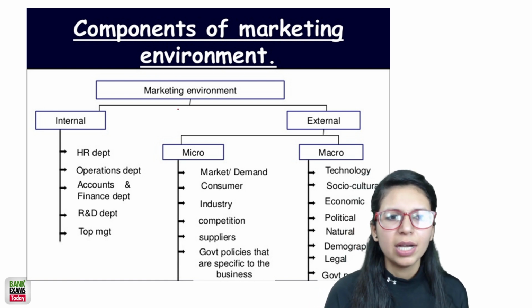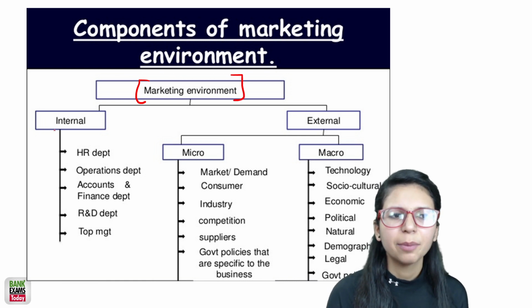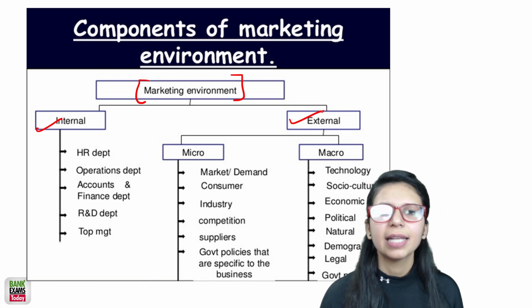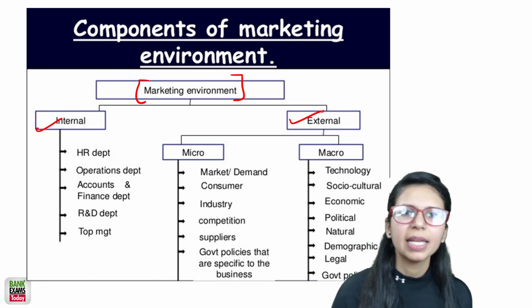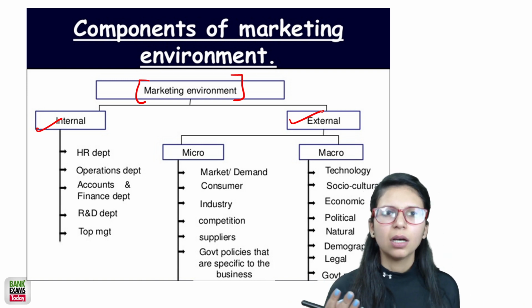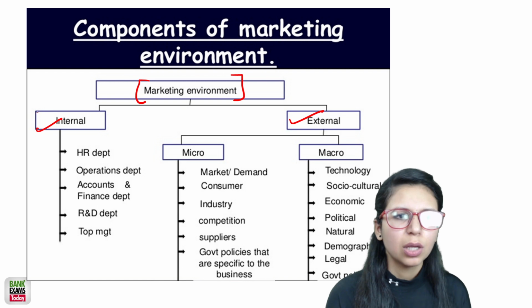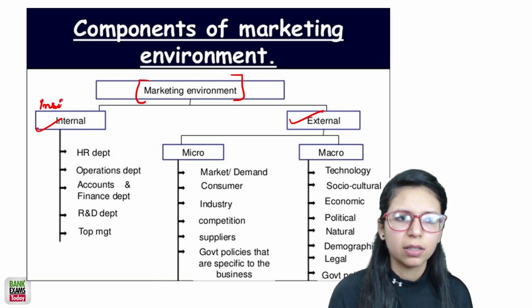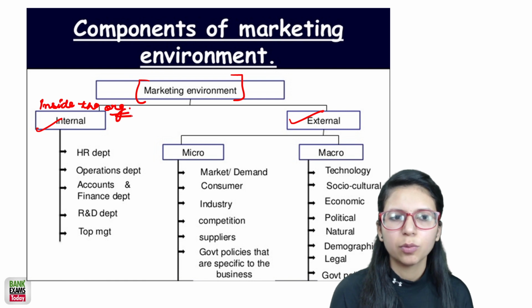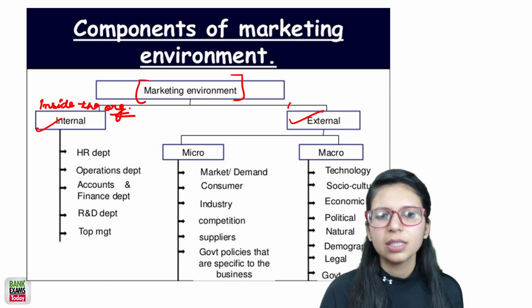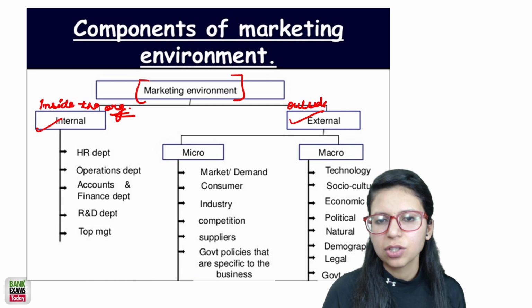Now, the marketing environment can be internal and it can be external. The marketing environment can be inside the organization, which is internal, inside the company where you are working, and then external, which is outside the organization.